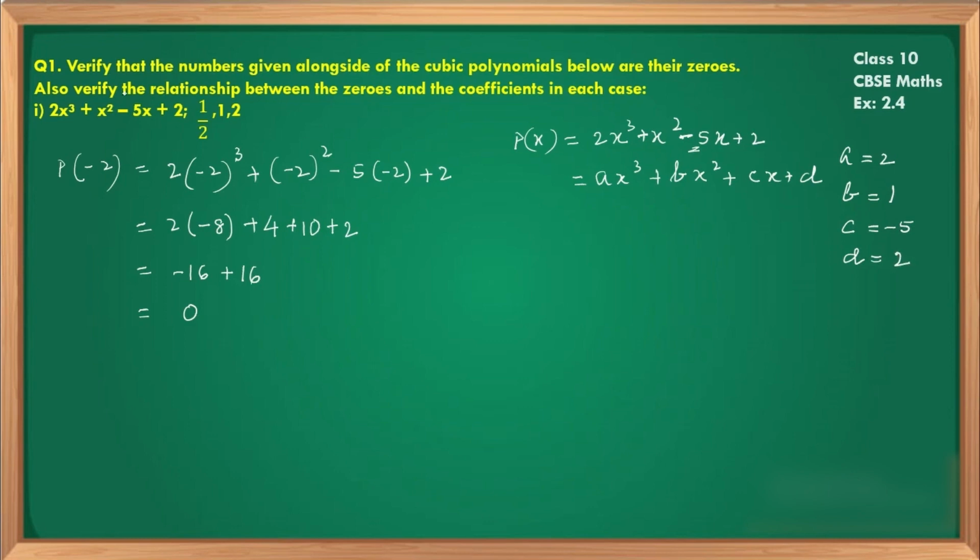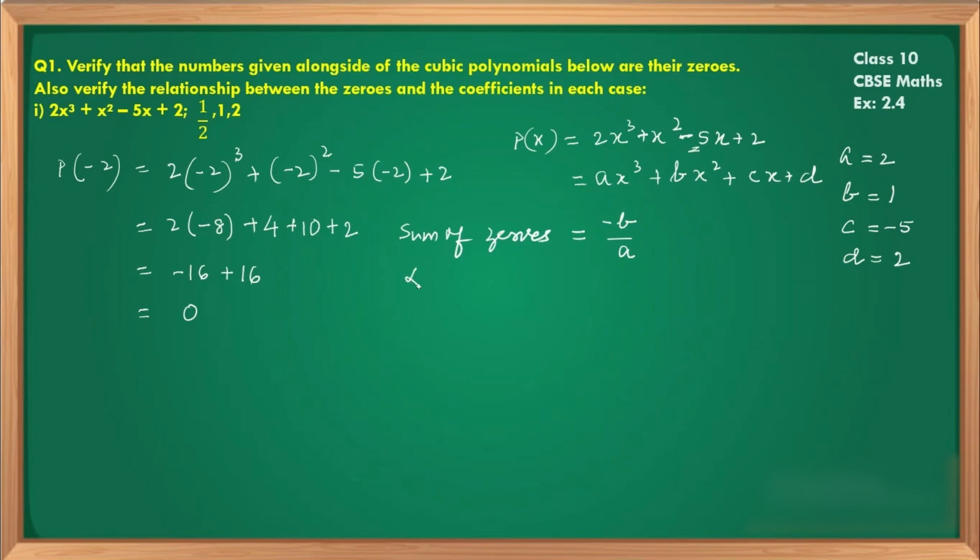Now we have 3 zeros here and we have coefficients also. Now we will start the verification of the relationship. Firstly, sum of zeros is equal to minus b by a. What are these three sums?